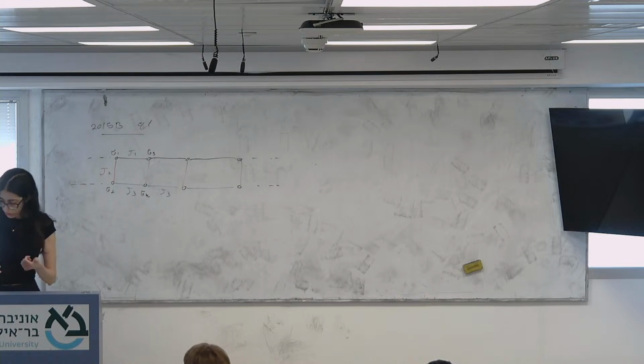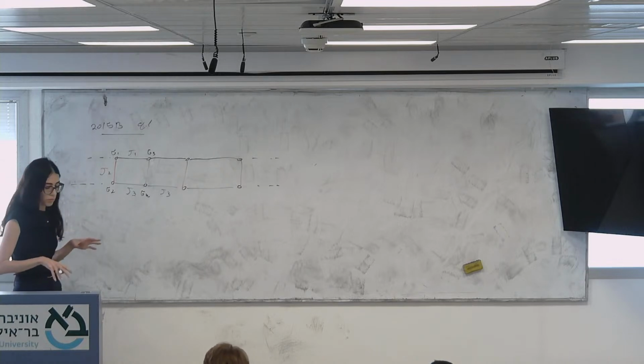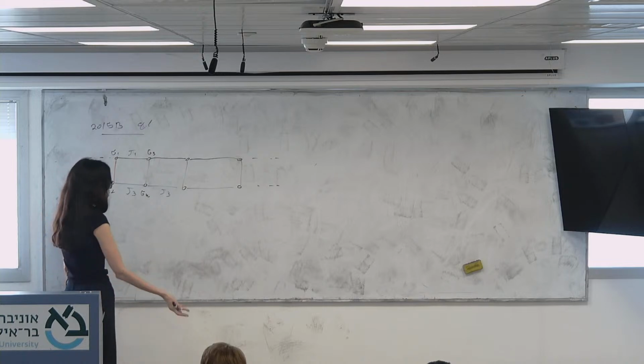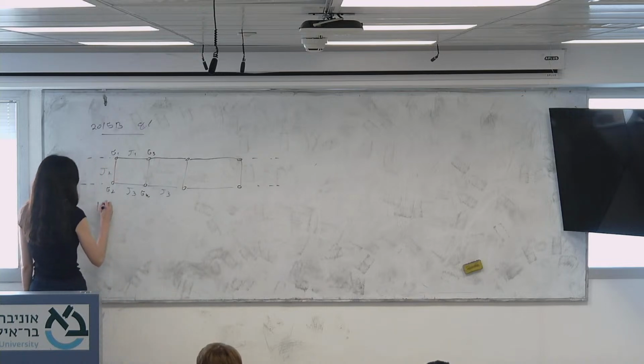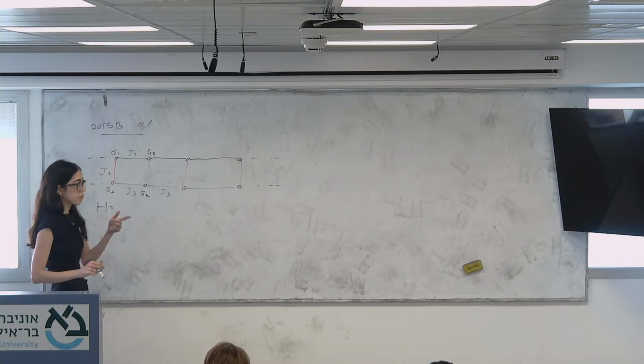Okay, so first of all we want to find the Hamiltonian, and second we want to find the transfer matrix. So that's the only thing we can do. So the Hamiltonian. Okay, so let's start with J1.